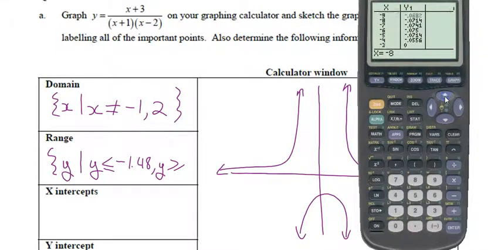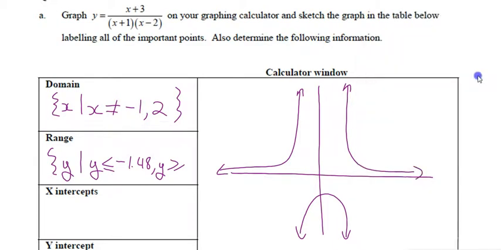It goes negative, seems to go to negative 0.75, right around negative 6, and then it's climbing back up again. So our minimum is going to be somewhere in the negative 6 area. So let's go back to the graph, second calc, minimum, left bound. Now I want to move over to the left of negative 6.